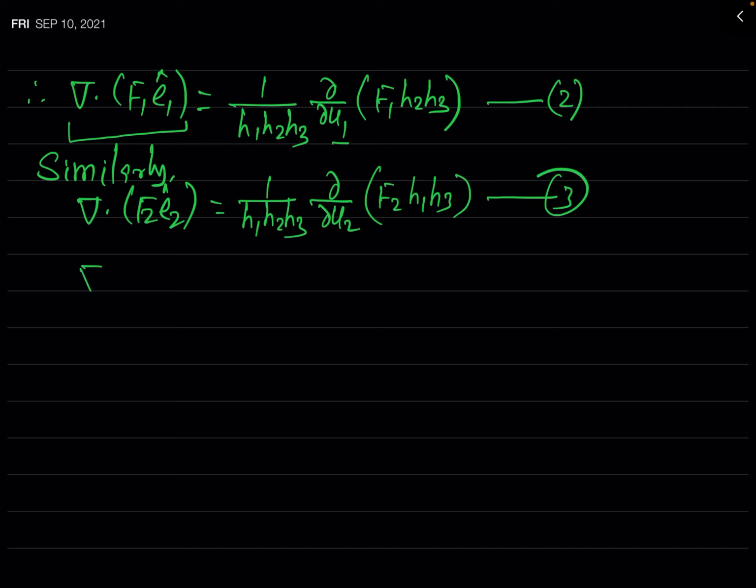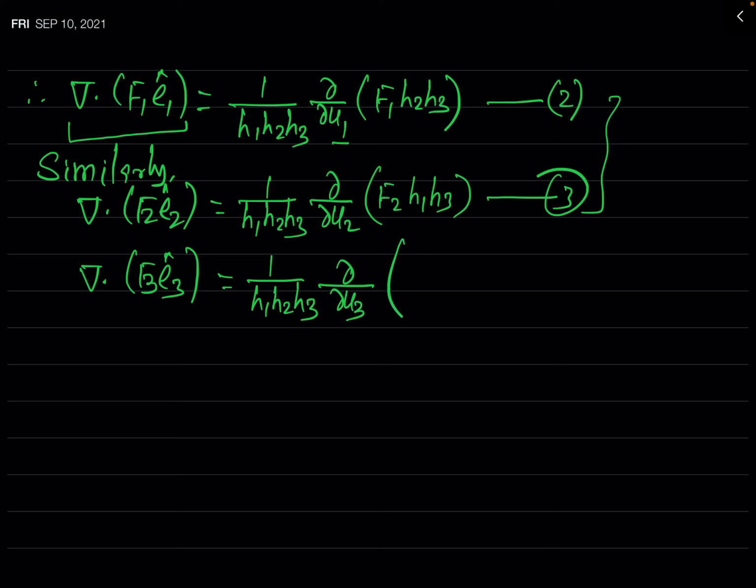Now similarly, you can write the expression for del dot F3 E3 hat. You can easily write the expression in the light of these two equations. This will be 1 over H1 H2 H3 del U3, and can you say what will be here?